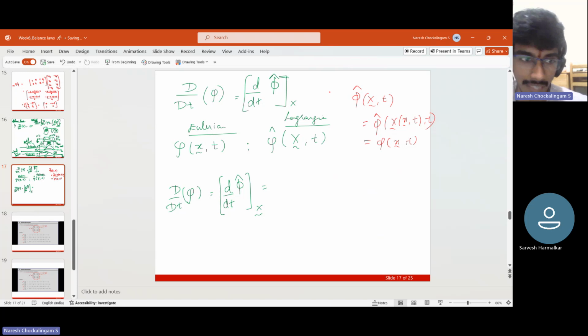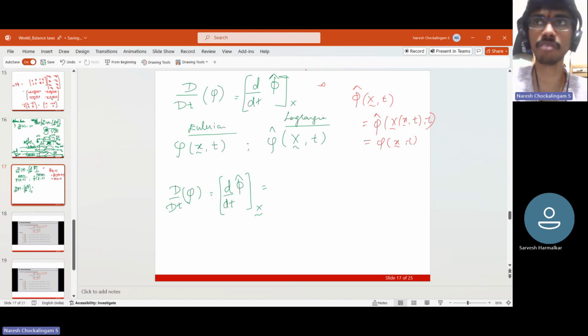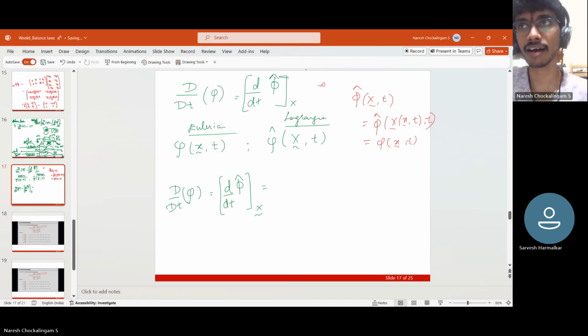So what I'm saying is, at every point you fix a spatial point, a large number of materials will pass through that point. Now at every instant you look at what particle is passing through that point and take its temperature. But the same particle will not be staying at, say, the spatial point 2 comma 4.